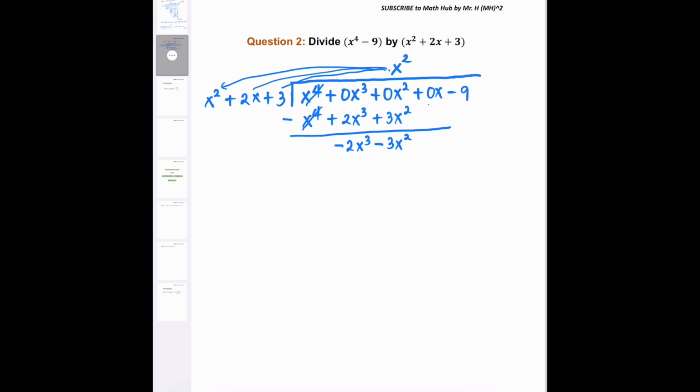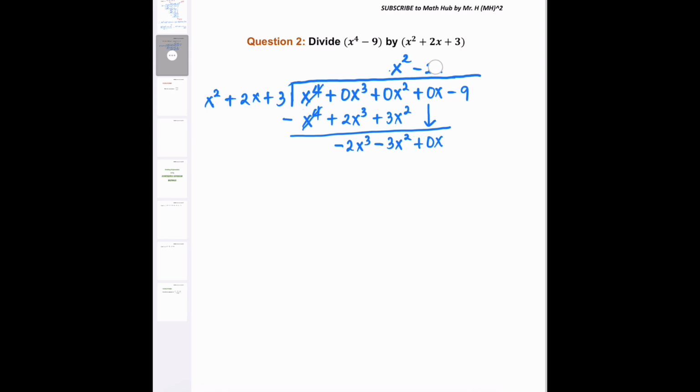Then we simply bring down 0x. So we repeat the process. So negative 2x cubed divided by x squared is negative 2x.